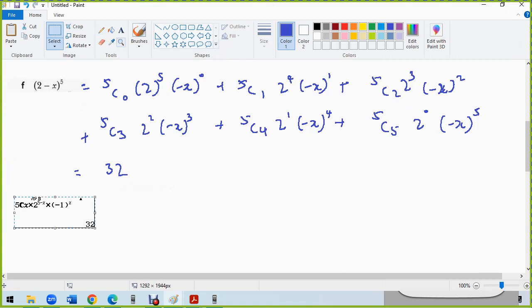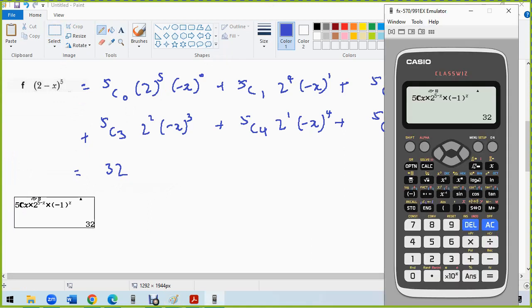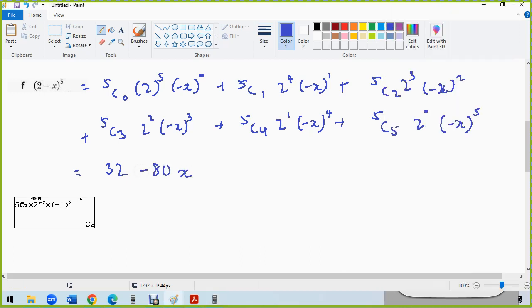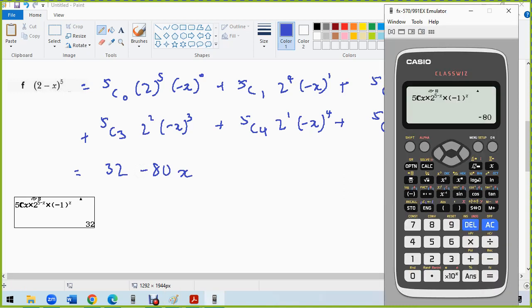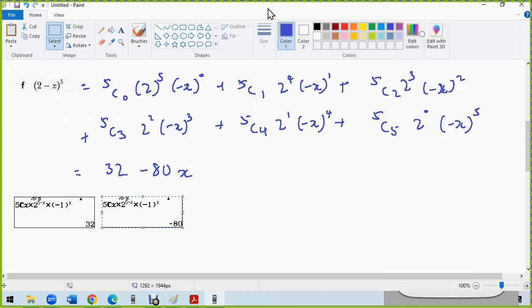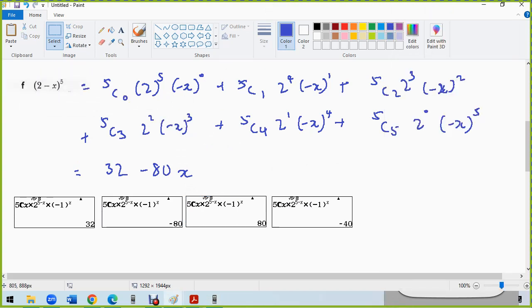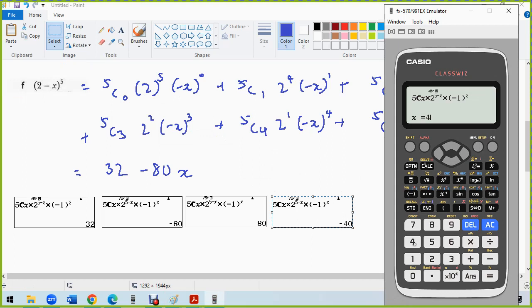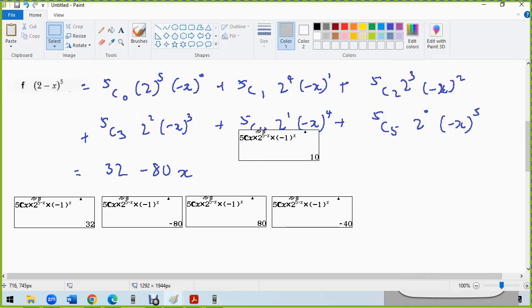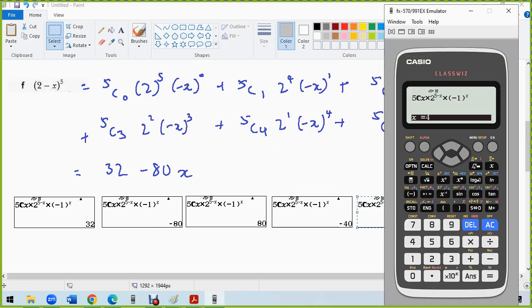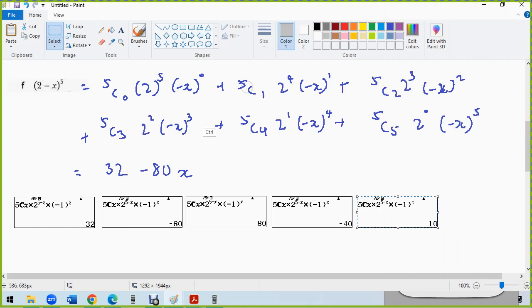Okay, and then we have 1 here, then it's negative 80x, and then we have the 2 here, then we will have 80, and then we have the 3 here, that is negative 40, and then we have the 4 here, is 10, and we have the 5 here, it is negative 1.